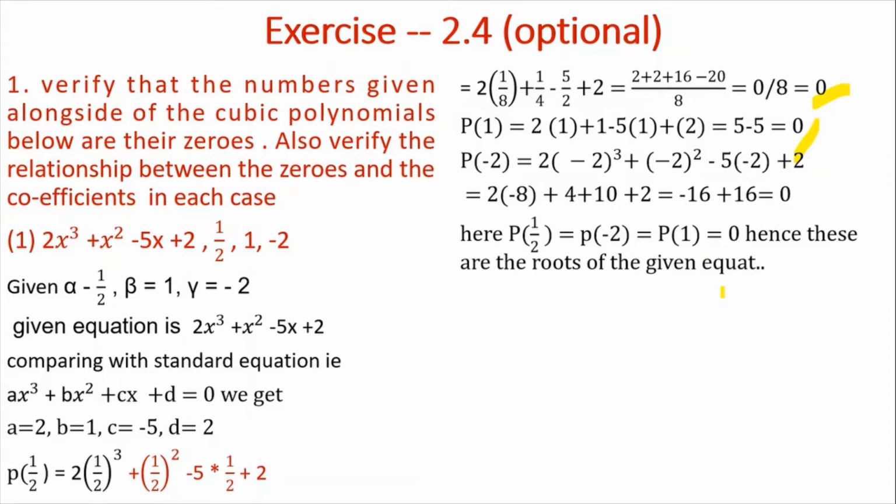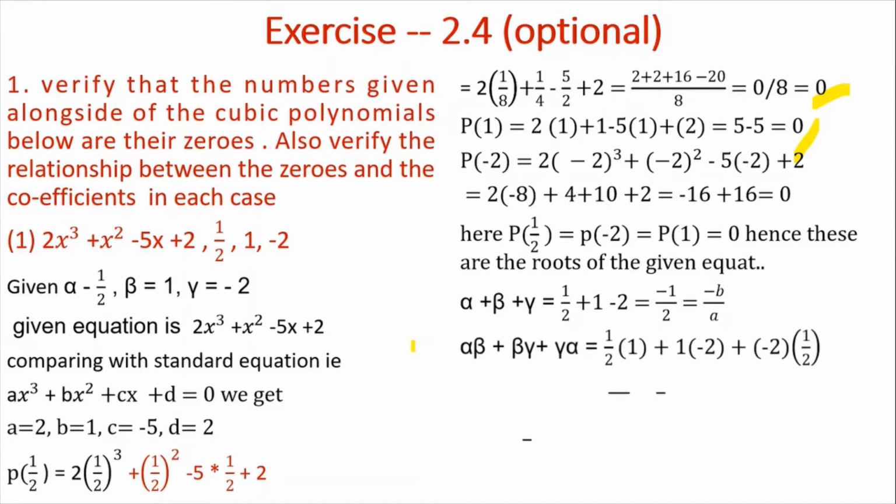To check the relationship between zeros and the coefficients in each case, we know that the sum of the roots, alpha plus beta plus gamma, is equal to minus b by a, and the sum of the products of roots, two roots at a time, that is alpha beta plus beta gamma plus gamma alpha, is equal to c by a, and the product of the roots, alpha beta gamma, is equal to minus d by a.